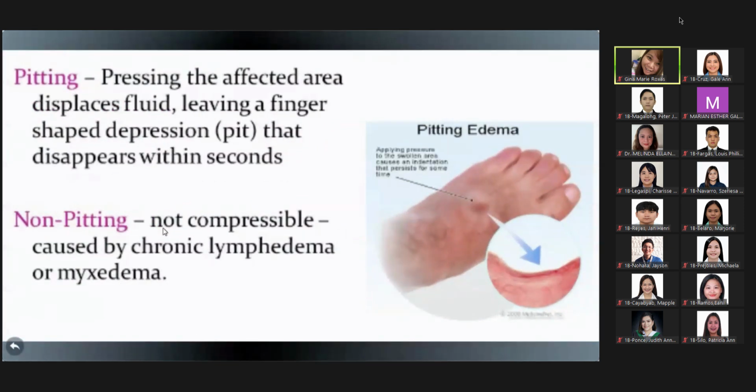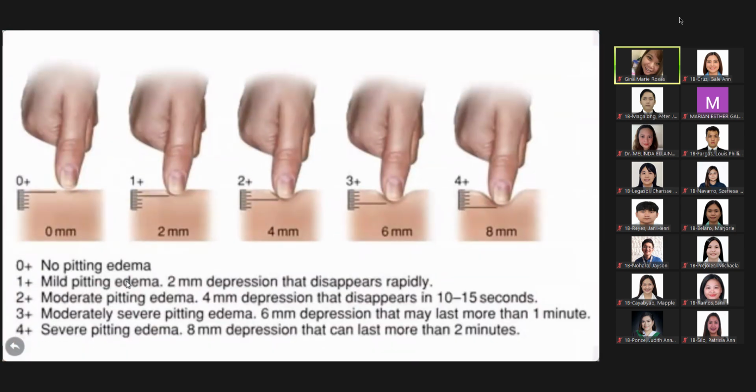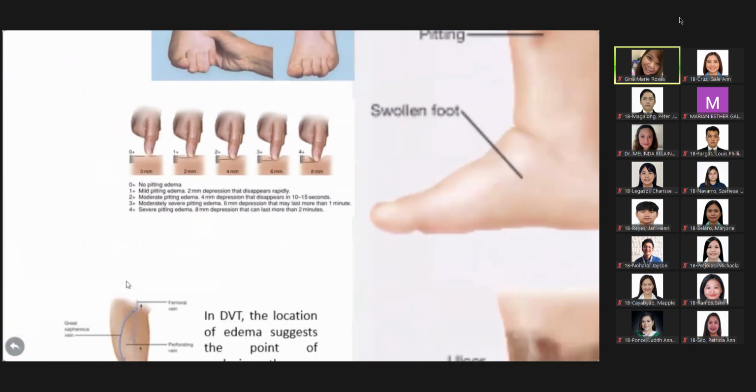Usually if it's pitting, the indentation appears, but non-pitting can be caused by chronic lymphedema or mixed edema, such as a thyroid problem. You can grade the edema based on the depth and how long the pit lasts.